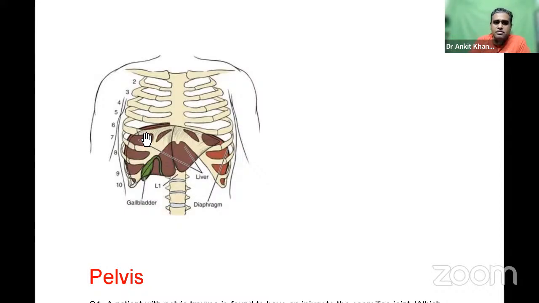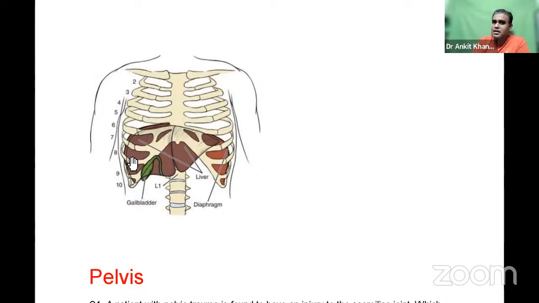The point over here is if the injury is at rib number 6 or 7 or 8, it will first involve the pleura and lungs, then the liver will come. Why? Because in the mid-axillary plane, till rib number 8 or 9, we have the lungs and pleura.